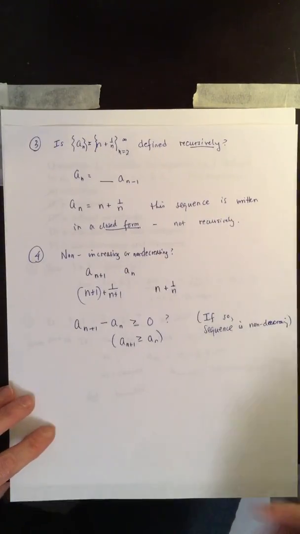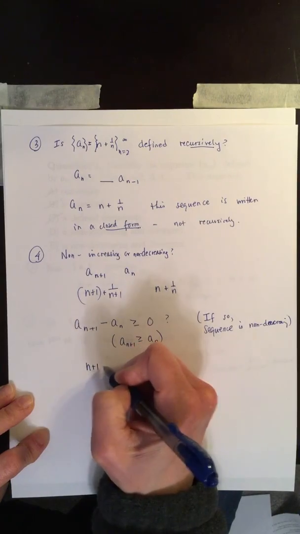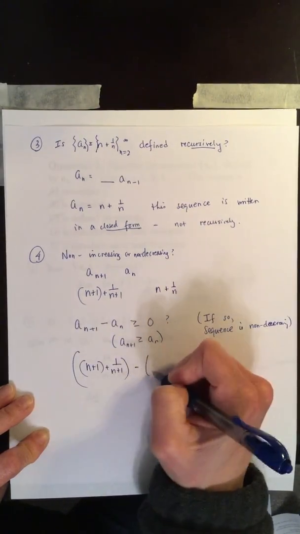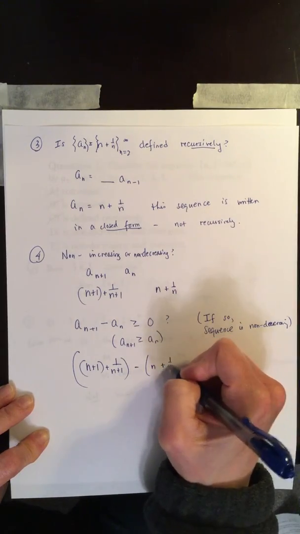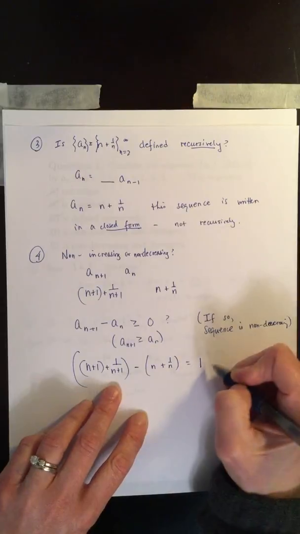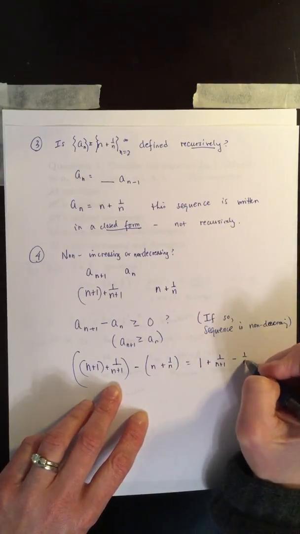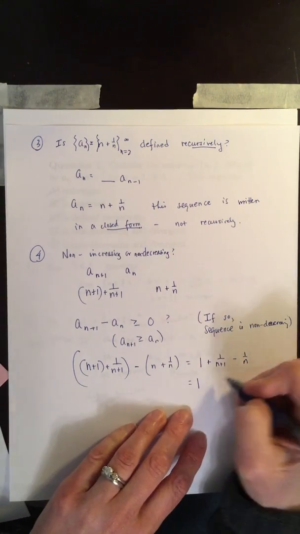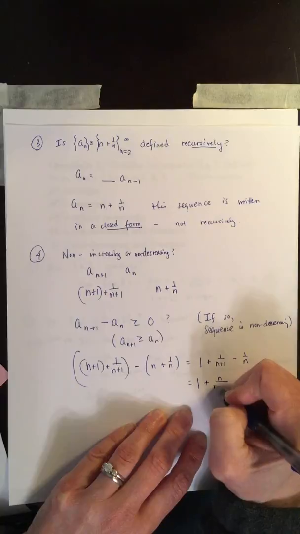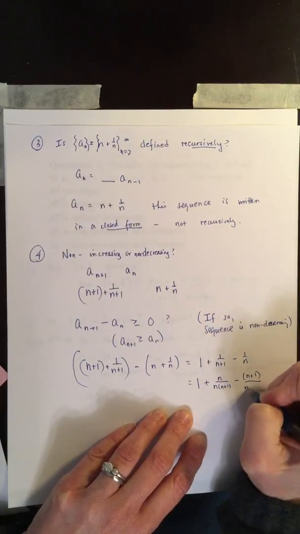So let's find the difference between the two. n plus 1 over n plus 1 minus the quantity n plus 1 over n. So we know we're going to have 1 plus 1 over n plus 1 minus 1 over n. Find a common denominator. This is going to be n over n times n plus 1 minus n plus 1 over n times n plus 1.